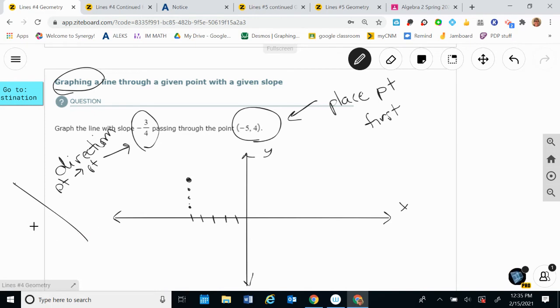Okay, that means you can go down 3 to the right 4, or you can go up 3 to the left 4, because both of these are negative. I'm going to go down because that's where my graph has room. So I'm going to go down 1, 2, 3, over to the right, 1, 2, 3, 4. Once I have 2 points, I can graph my line, and then we're good.